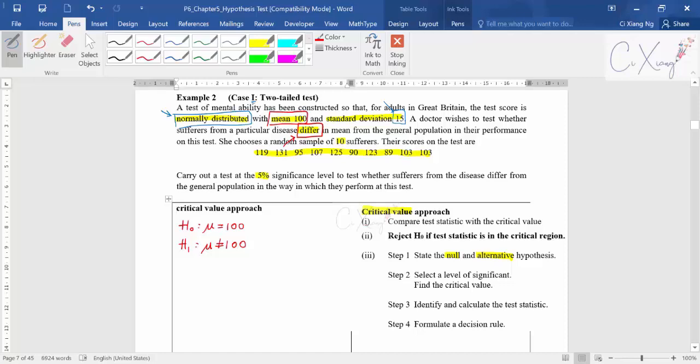And then for me, I will write out a statement about the alternative hypothesis. I will write like this: sufferer from particular disease differ from the general population.